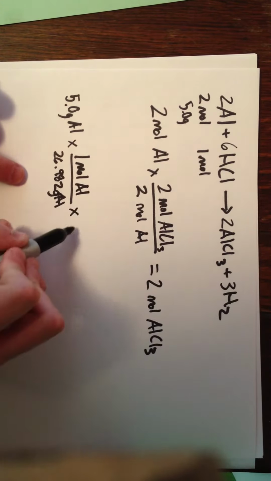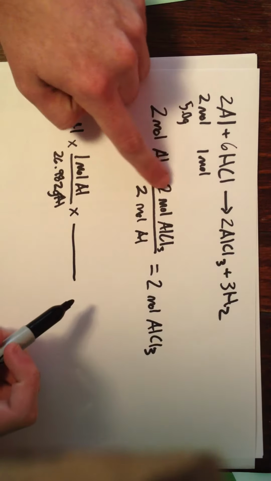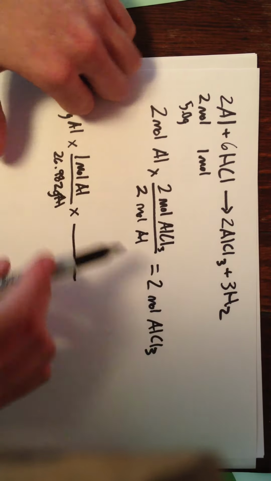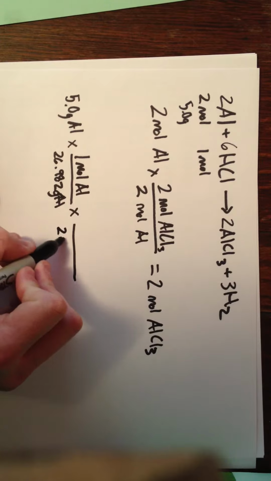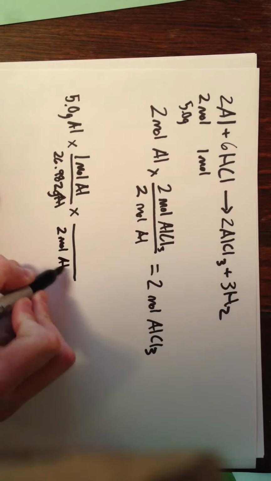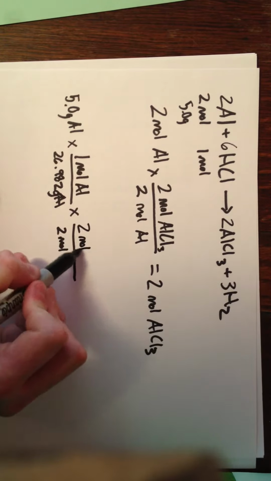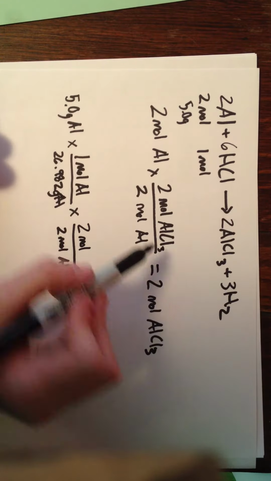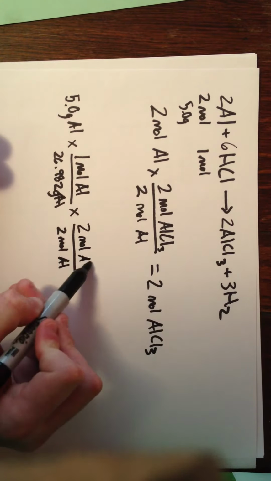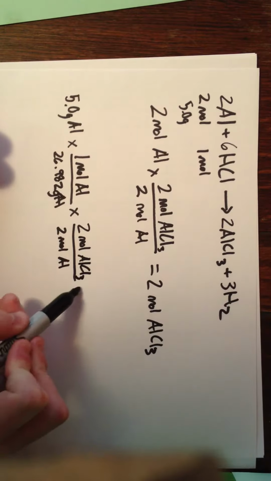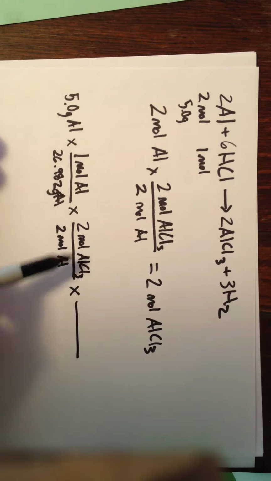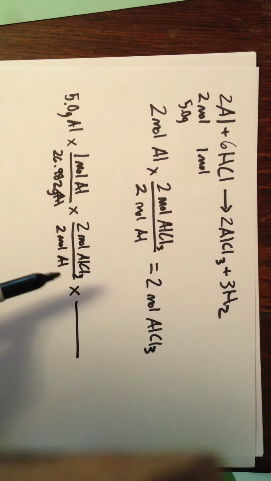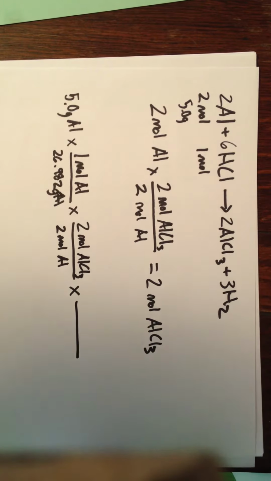And then for the middle part, we basically did what we did last time. We just copy this part up here, this 2 moles over 2 moles. So we'd have 2 moles of aluminum on the bottom and 2 moles of whatever you're trying to convert to, in this case, aluminum chloride. So 2 moles of aluminum chloride on top. And we need to find out how much each mole of aluminum chloride weighs.